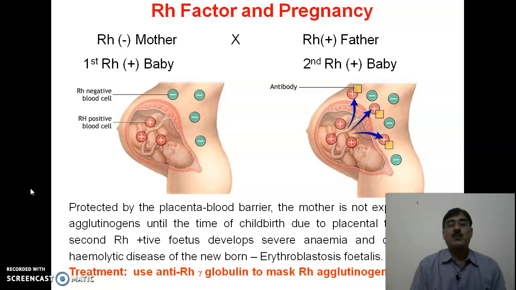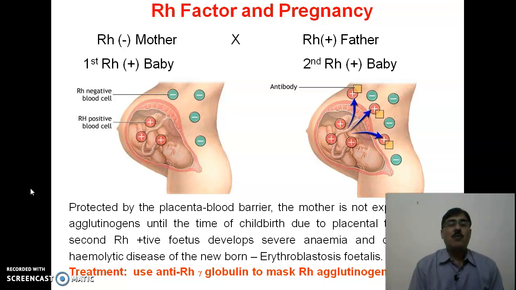The second Rh positive fetus develops severe anemia and dies due to hemolytic disease of the newborn, which is known as erythroblastosis fetalis. And the treatment is nowadays available.